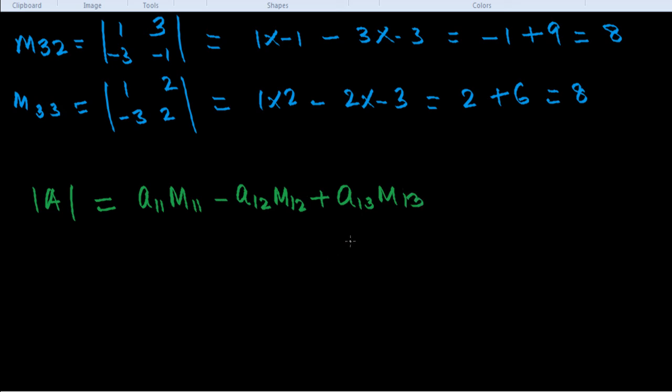This is the value of determinant. We can take any row and column, we can select. If we get the determinant through this, then I explain in some other way also.